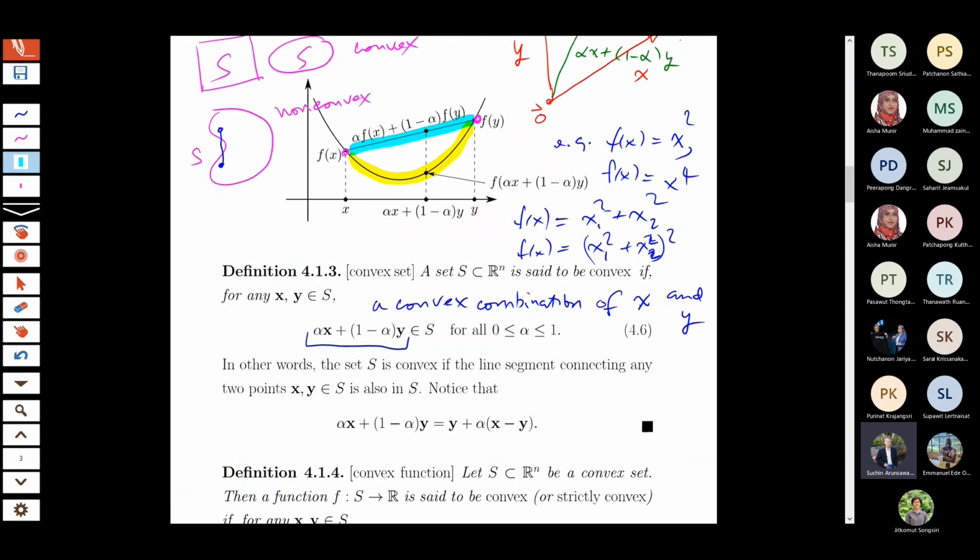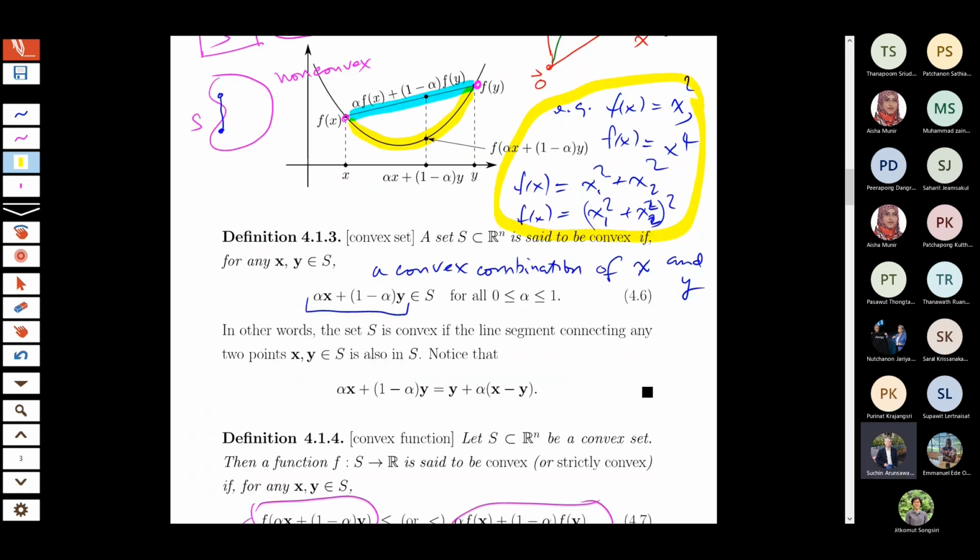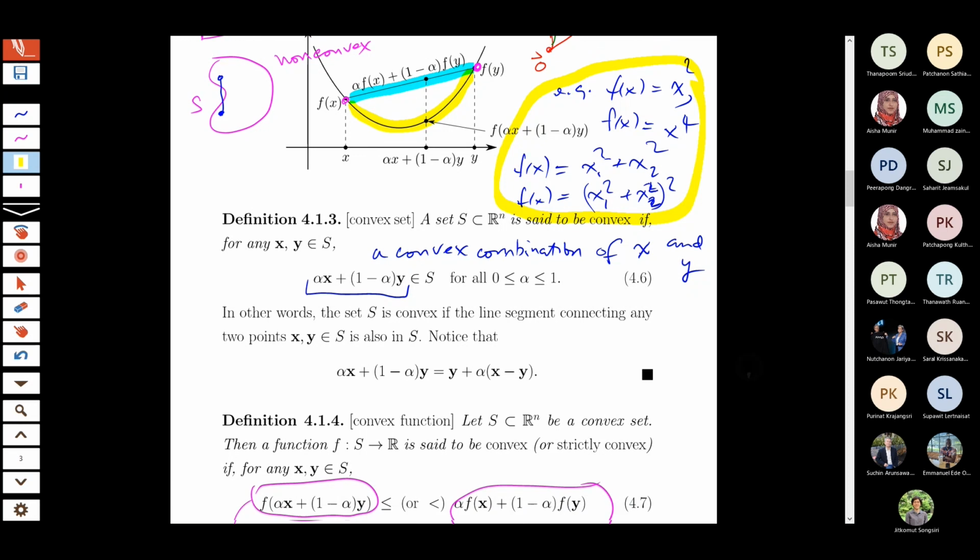A convex function, as in this example, has only one minimum point, which is 0 in this case.